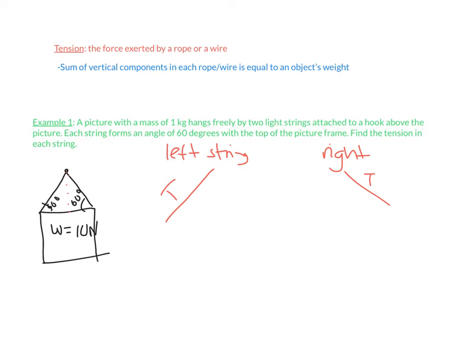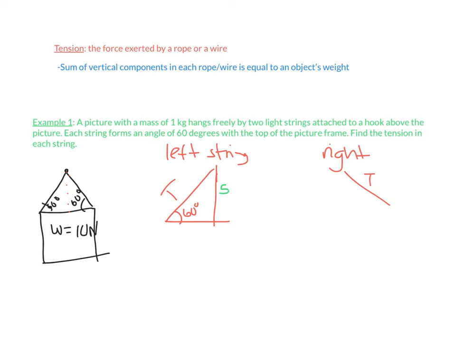The other thing I know is that this angle is 60 degrees. The last thing that I know is that the vertical component of the tension in each string is going to be equal to exactly half of the weight of 10.